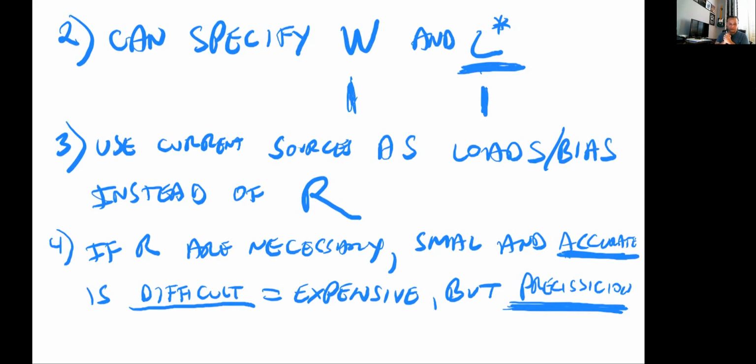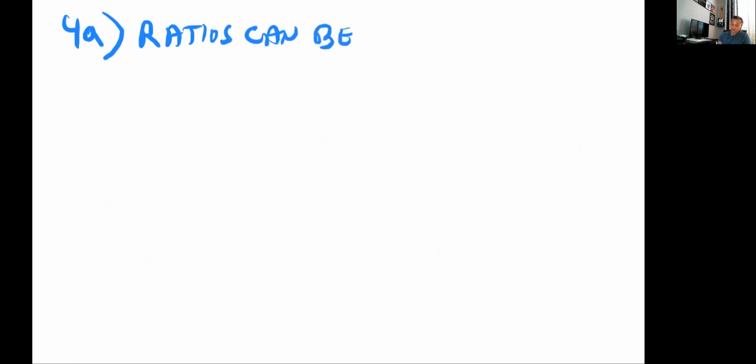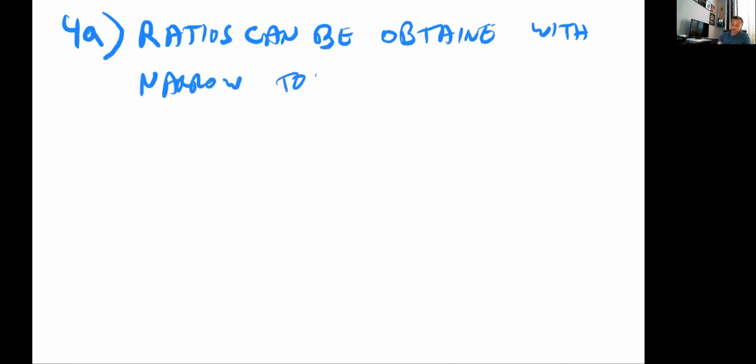So that's very important. So that is going to be point 4A here, that ratios can be obtained with narrow tolerance.